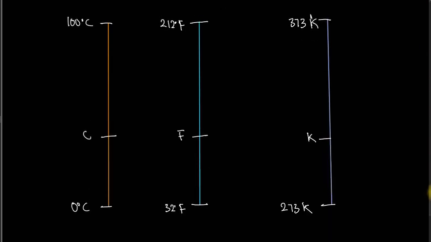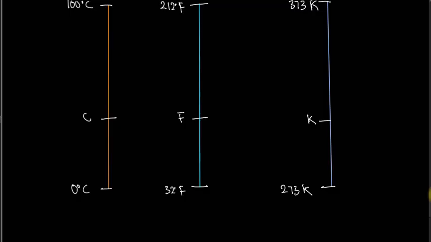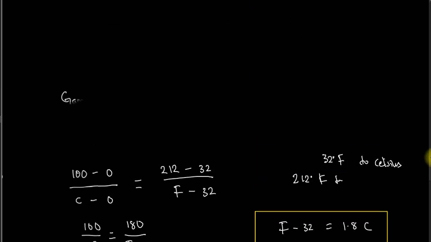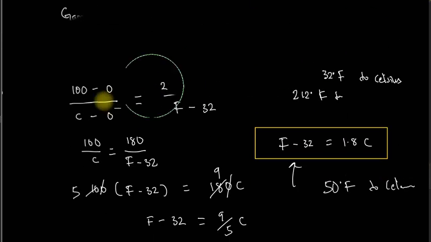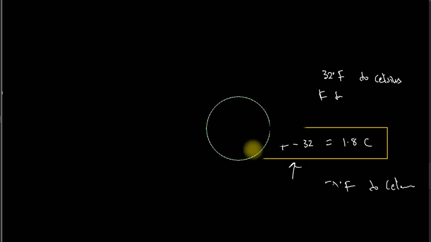So let's relate the Celsius scale to the Kelvin scale. Relating the Celsius scale to the Kelvin scale, we can say, remember, upper minus lower all over middle minus lower is equal to upper, the upper fixed point or the upper limit in the Kelvin scale is what? 373, right?